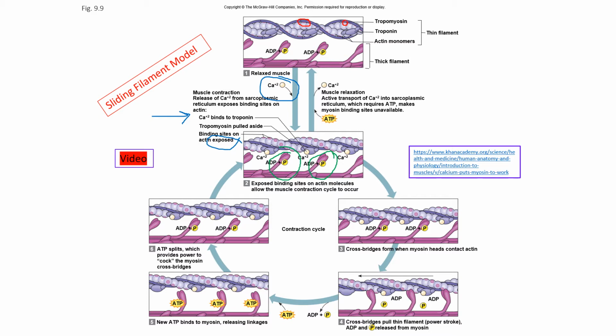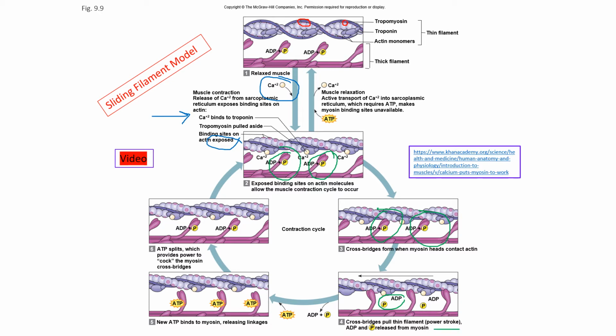And it's on the surface of these little projections, these little cross bridges that are sticking out in all directions from the myosin filament. And so now we have the cross bridges coming up and contacting some of those binding sites on the actin. Well, after that happens, the ADP and phosphate will leave. They disassociate with the cross bridges, and the cross bridge undergoes what's called a power stroke.